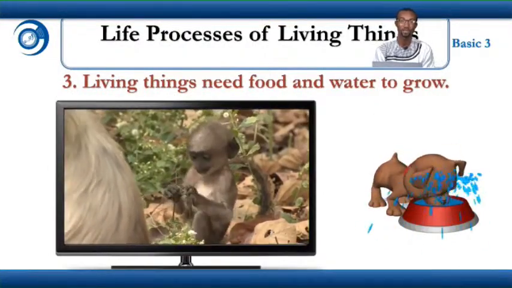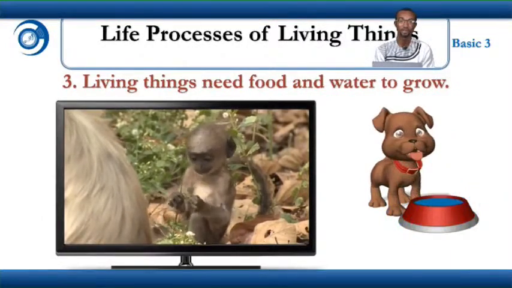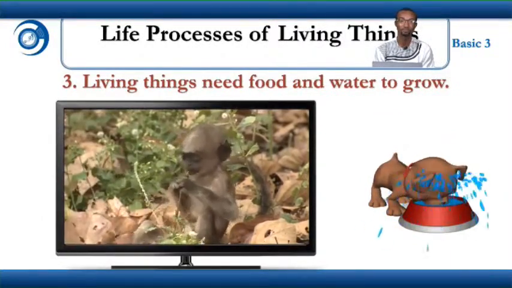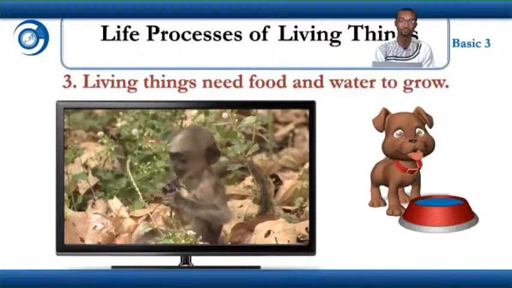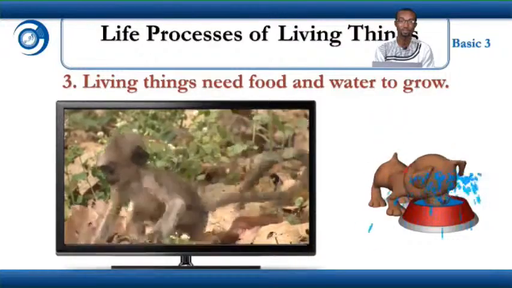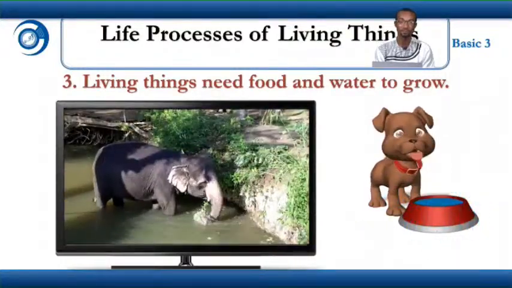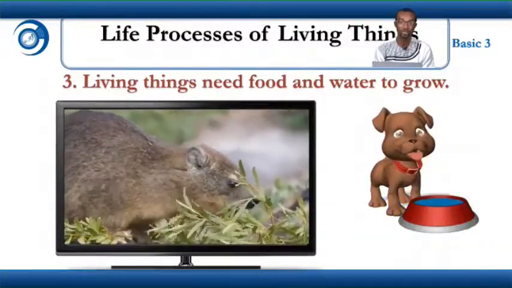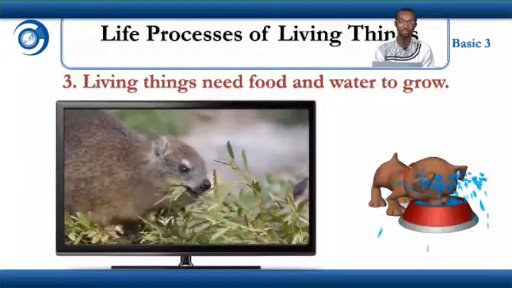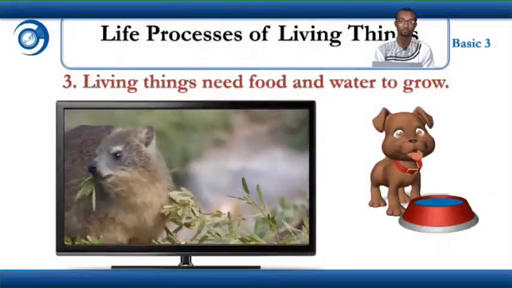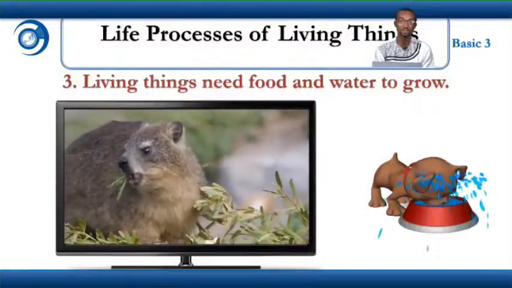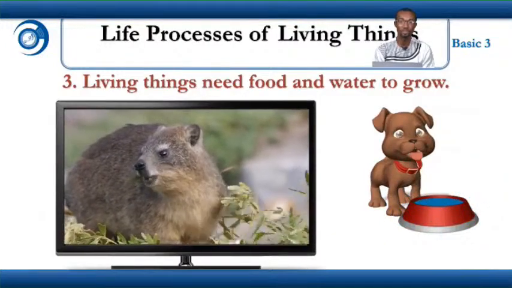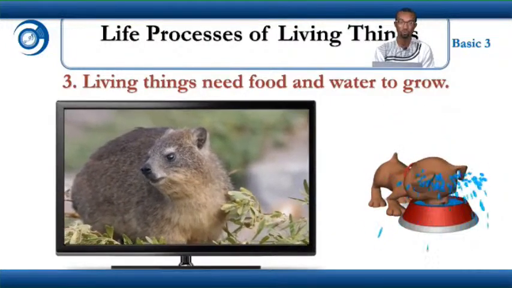This monkey too is enjoying the grass or the leaves because this animal is a living thing. You can see an elephant also. You can see a grass cutter also eating. This means that living things need food in order for them to grow.